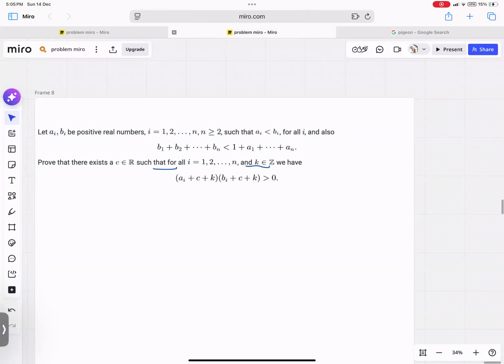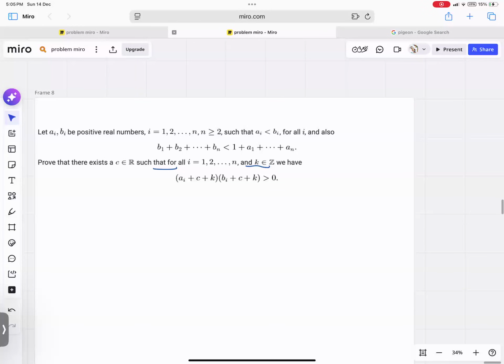Can't we take C0 over K is equal to 0 and use... It says there exists some C, not for all C. And AI, BI can be anything. We just have C always greater than mod of K, and then we're just directly done.